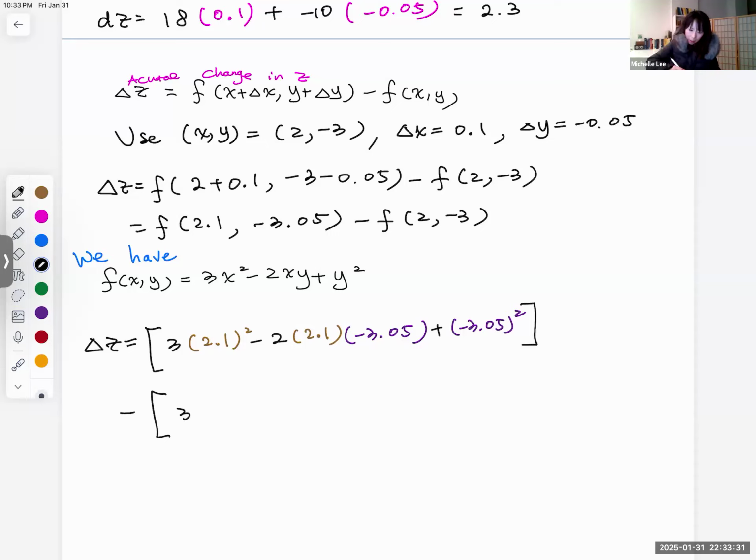So 3 times 2 squared, minus 2 times 2 times y, which is -3, plus -3 squared. Can you please calculate?